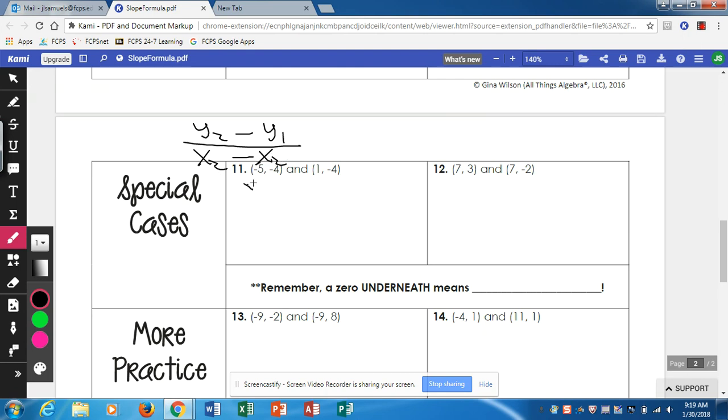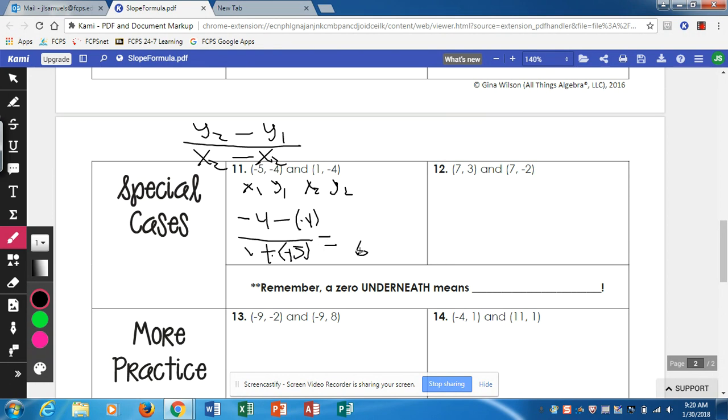So first I'm going to label these x1, y1, x2, y2, and we have -4 minus a -4 over 1 minus -5. Okay, so these two are going to change to positive because of the double negative.